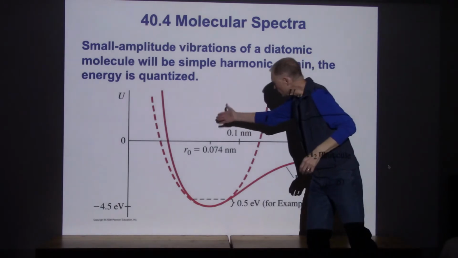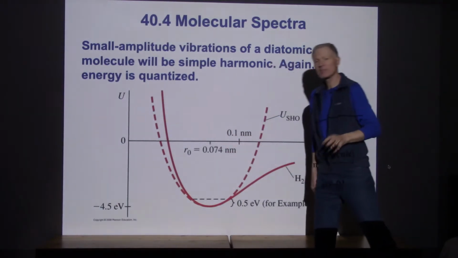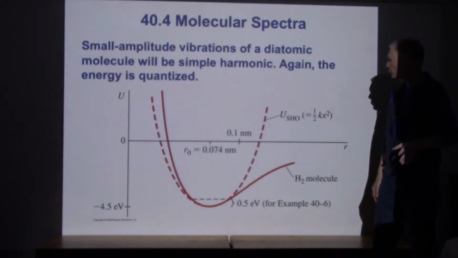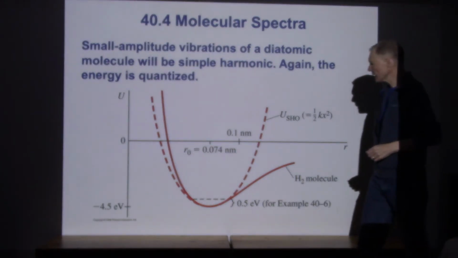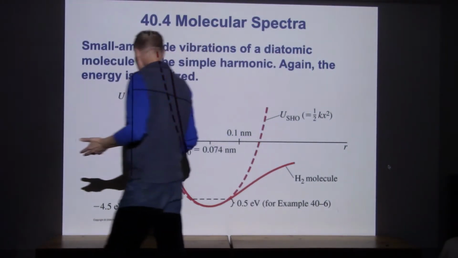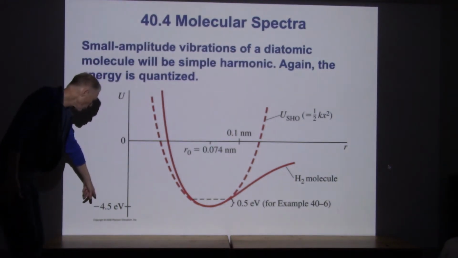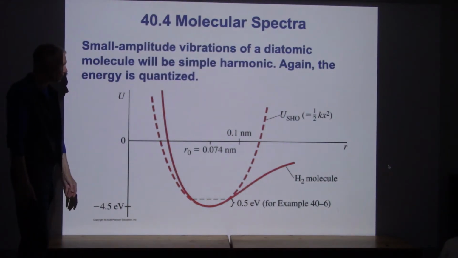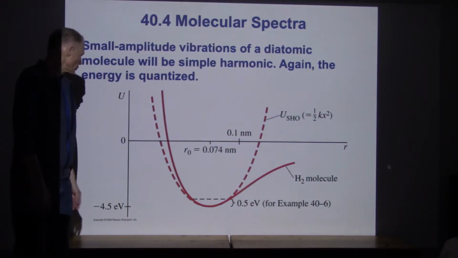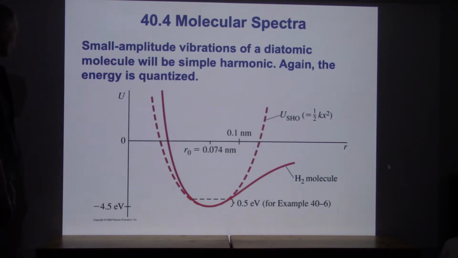An H2 molecule has a bond length of 74 picometers, and it has a binding energy of, actually probably, minus 4 eV.